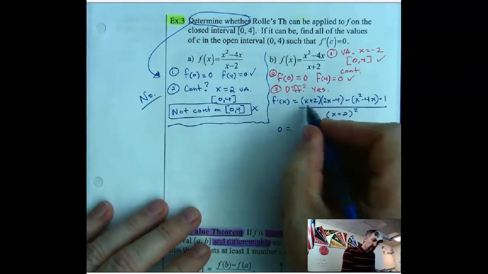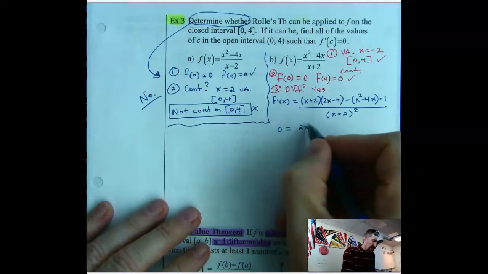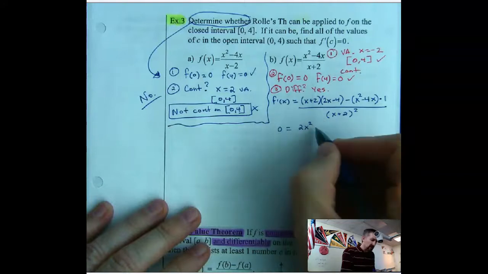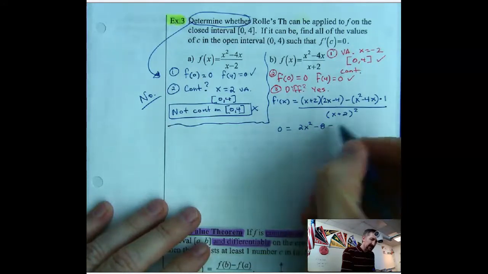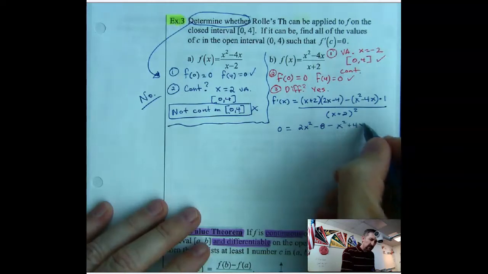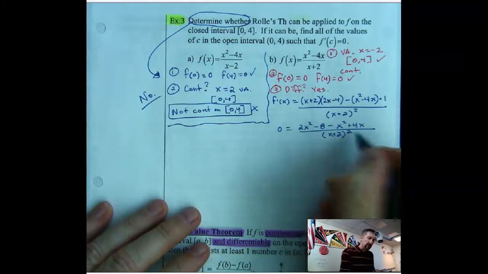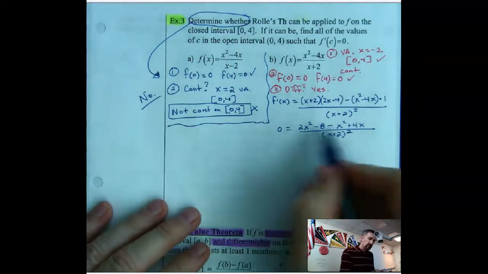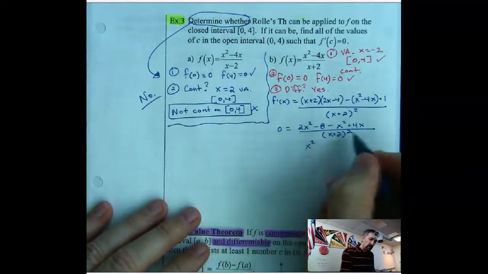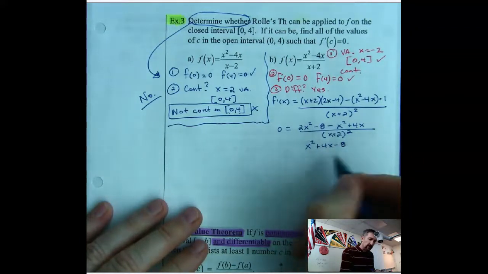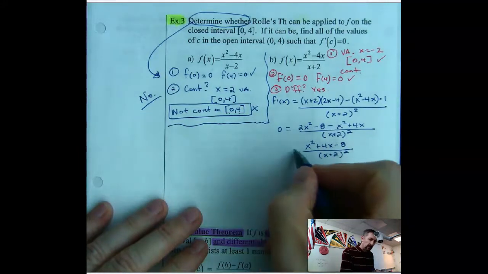that's going to be 2x squared plus 4x minus 4x, that's going to cancel out, minus 8, and then minus x squared plus 4x. Okay, so that's going to be x squared plus 4x minus 8 over this.